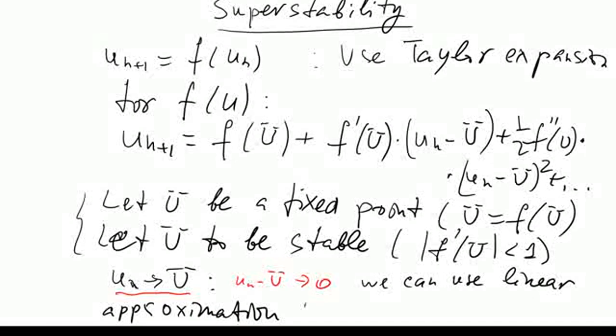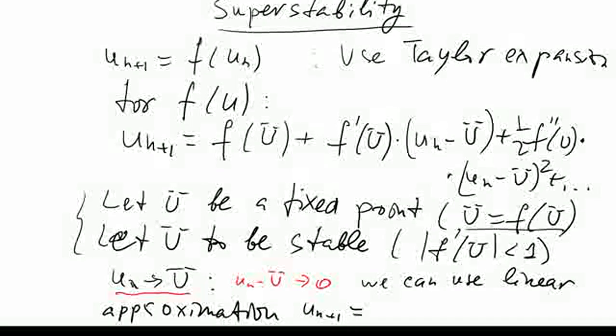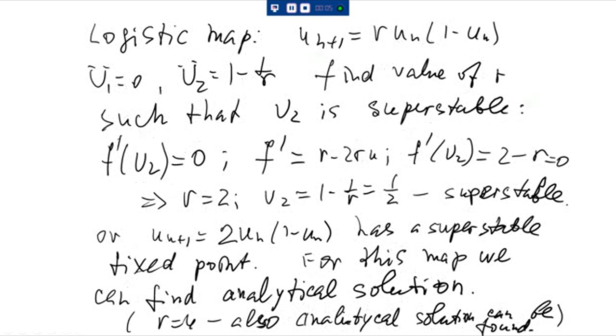So we will have un plus 1 equals f of u equals u, therefore we can put here u, plus f prime of u times un minus u capital. After taking u capital to the left hand side, we will have this equation.